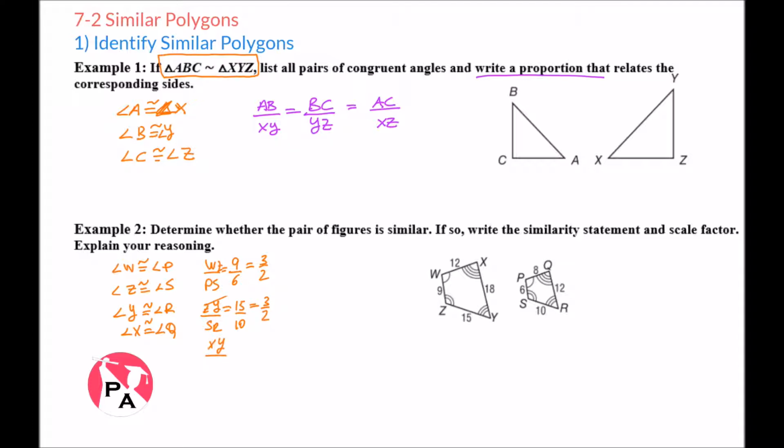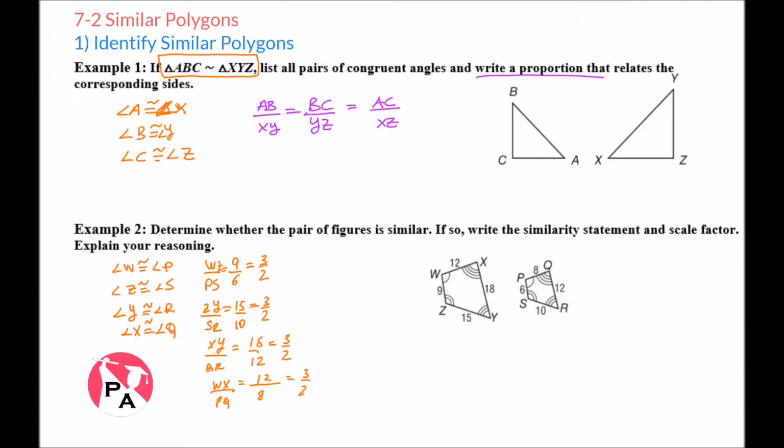XY divided by QR is equal to 18 over 12. Now, again, we are comparing these two sides. 18 over 12. Divide each number by 6, we get 3 over 2. The last pair for us to compare is WX and PQ. Their measures are 12 and 8. Divide each number by 4, we get 3 over 2.